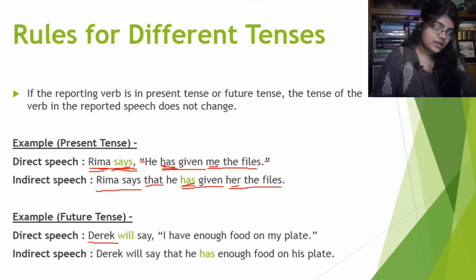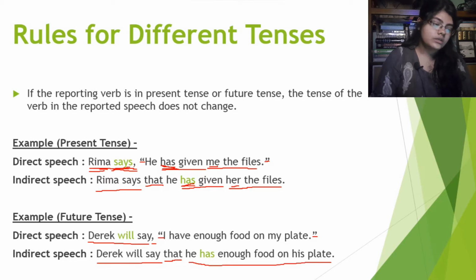Derek will say will be exactly how it is. Derek will say. The comma will be replaced by that. Again, the inverted commas, we won't put that here in the indirect speech. I have enough food on my plate. Here you can see that we have used he has enough food on his plate.